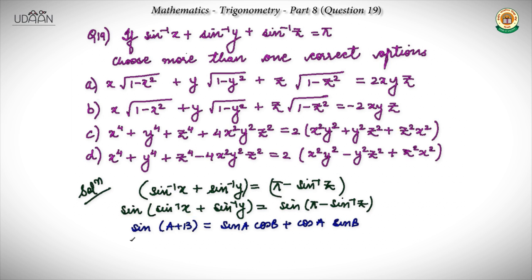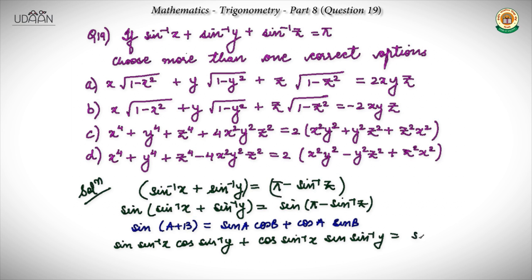Right. So let me write it. Sin of sin inverse x cos of sin inverse y plus cos of sin inverse x sin of sin inverse y. Now sin of pi minus sin inverse z is what? Sin of sin inverse z. Right. Sin of pi minus theta is equal to sin theta.